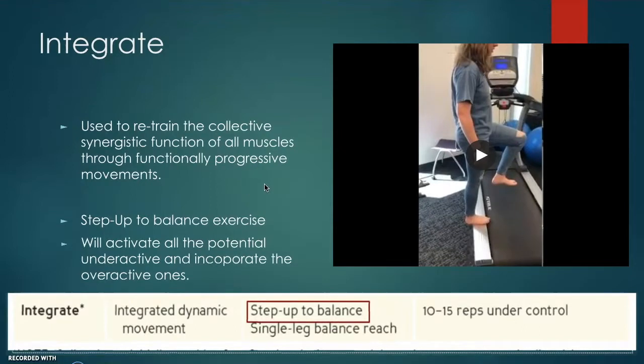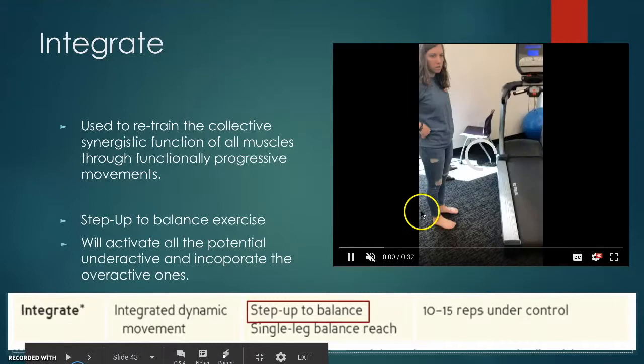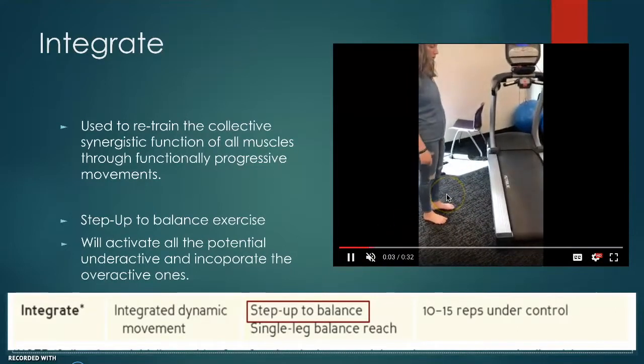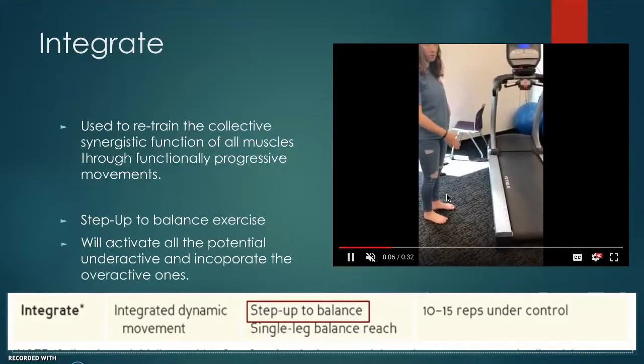We will move on to the integration phase next, which is this, and the goal of which is to retrain the collective synergistic function of all muscles through functionally progressive movements such as the step up to bounce exercise. Through this exercise, we'll be incorporating and activating all underactive and overactive muscles, which in this case would be the gastroc as the overactive and the anterior tibialis as the underactive.